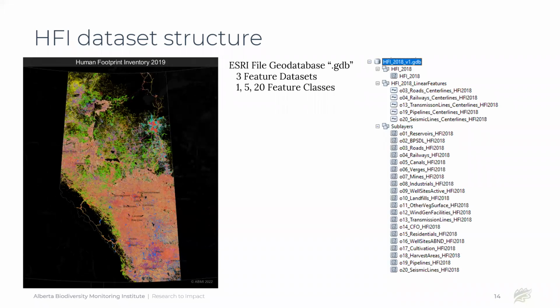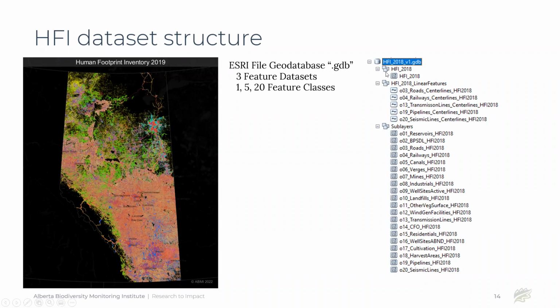Data structure itself, once data set is completed, we do release it in ESRI file database format, so that's GDB. And again, on the right side, you can see that this database consists of 3 feature data sets. So on the top, we have integrated data sets of human footprint per particular year.